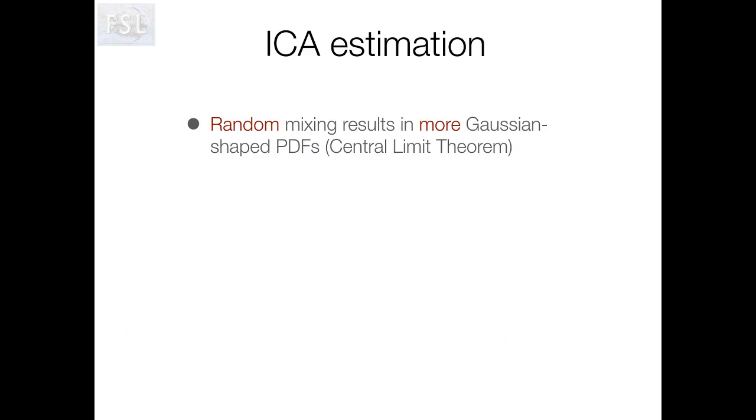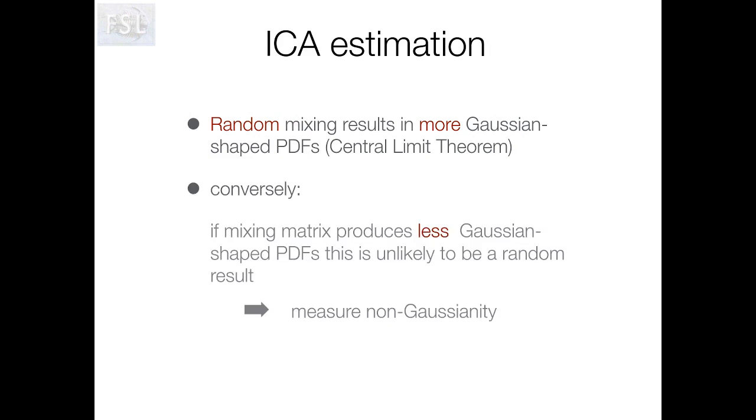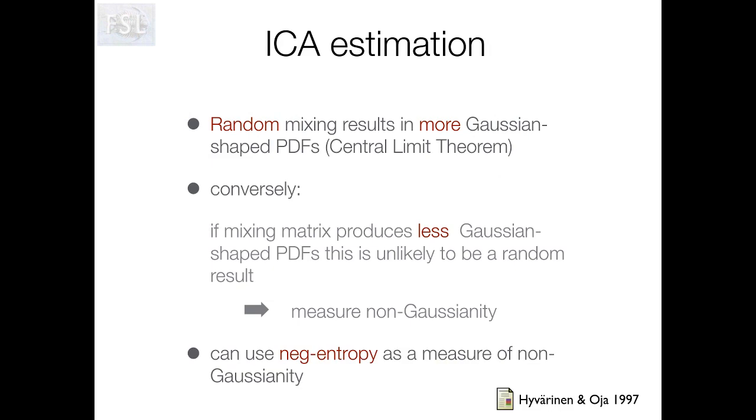ICA does something clever with this central limit theorem by turning it around and saying that if we separate our observed data so that it is as non-Gaussian as possible, then it is unlikely to be just a random result and more likely to be a true underlying signal. So all we need is some measure of non-Gaussianity which we can optimize to find our underlying signals.